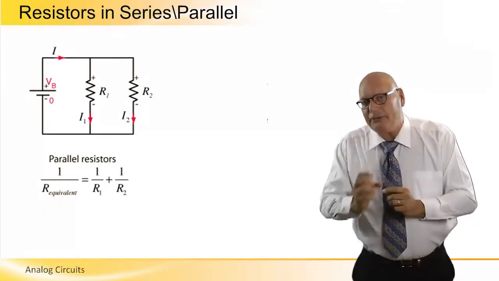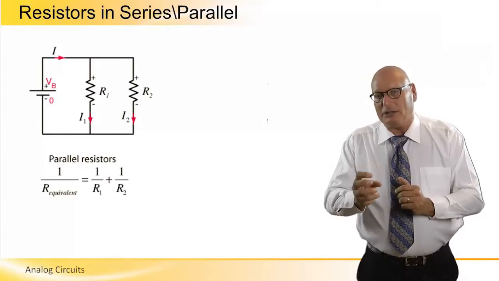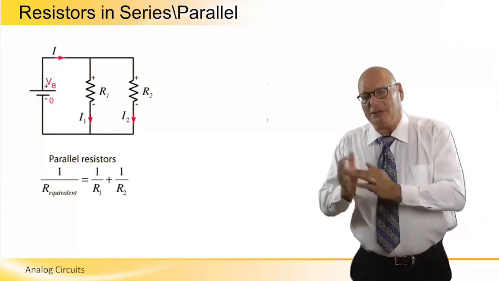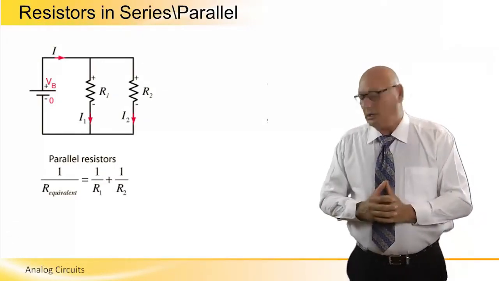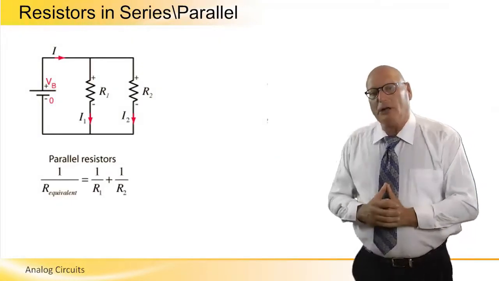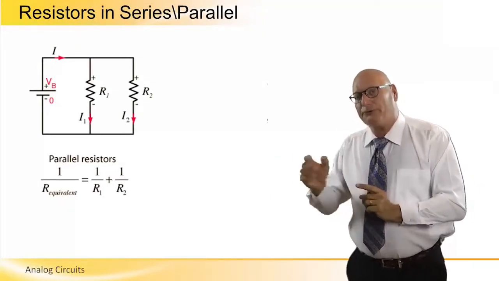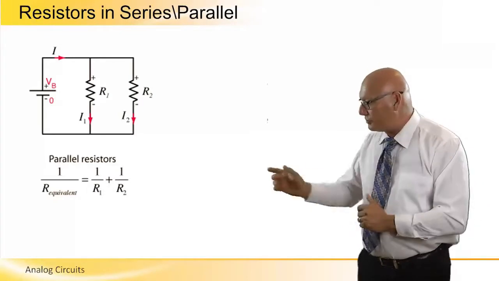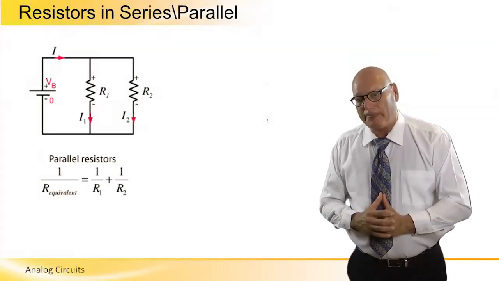Now, the equivalent resistance of R1 and R2 in the case of parallel connection is demonstrated in the formula underneath. And this is only one of the formulas. We will go into more formulas. This is just one of the formulas that we can use.